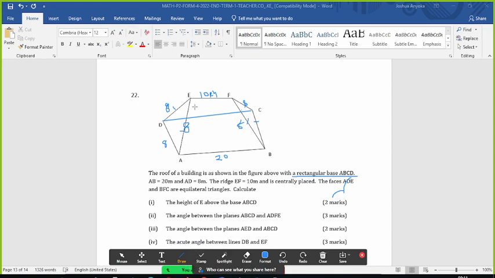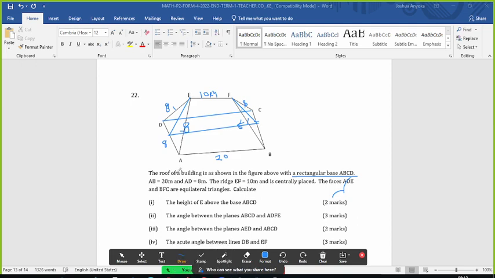If we draw this line here to the center of DA and draw this line to the center of BC, we are going to have a trapezium.